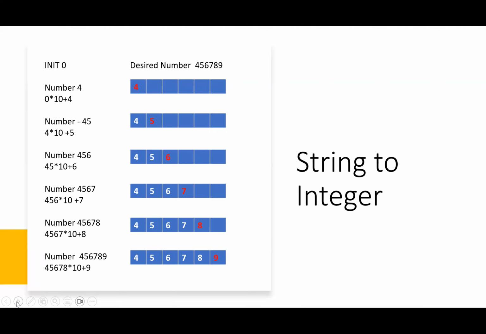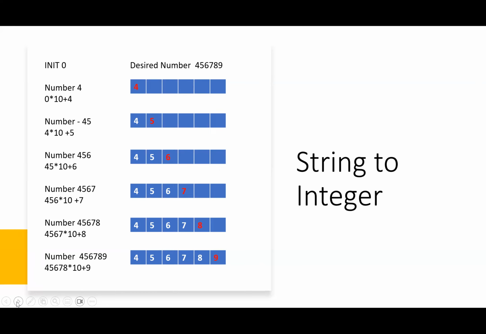So 4 into 10 is 40 plus 5 is 45. The third character is the digit 6: the current number is 45, multiply by 10 and add 6, which gives us 456. In the similar way we get 4567, 45678 and 456789.